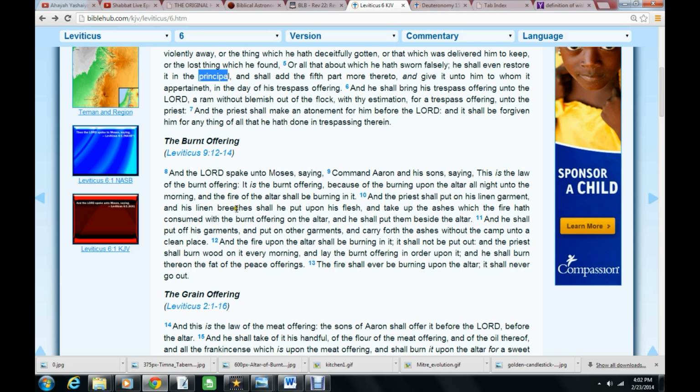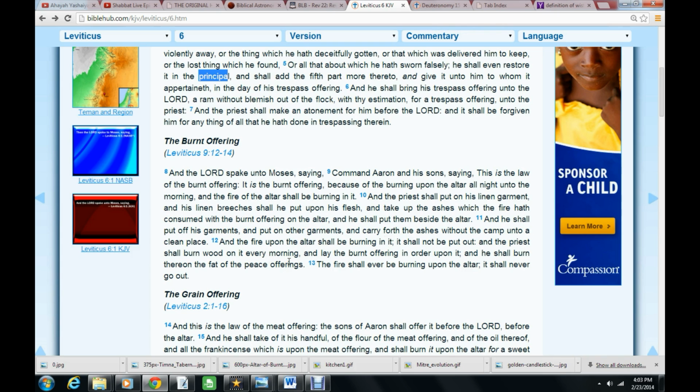And the priest shall put on his linen garment, and his linen breeches shall he put upon his flesh, and take up the ashes which the fire hath consumed with the burnt offering on the altar, and he shall put them beside the altar. And he shall put off his garments, and put on other garments, and carry forth the ashes without the camp, without the people, unto a clean place. And the fire upon the altar shall be burning in it, shall not be put out.